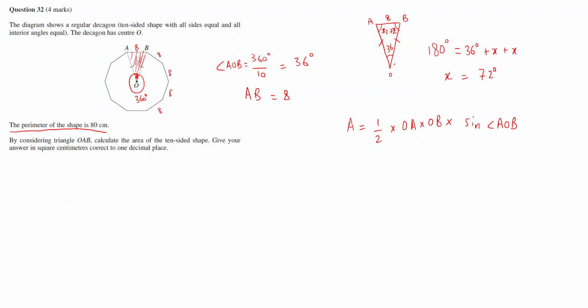Because OA and OB are equal, we just need to calculate one of them. Now we can use the sine rule over here. We know this, we know this, we know this, then we can calculate this. The sine rule says that AB divided by sine of angle AOB, the angle facing this side, is equal to this line, for example OB, divided by sine of the angle OAB.